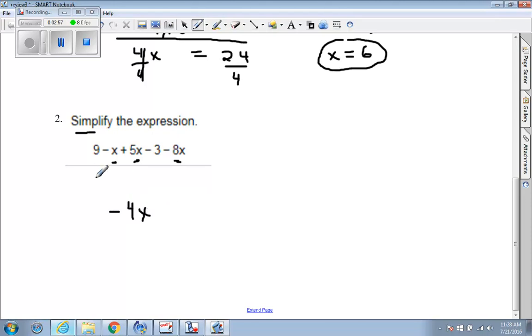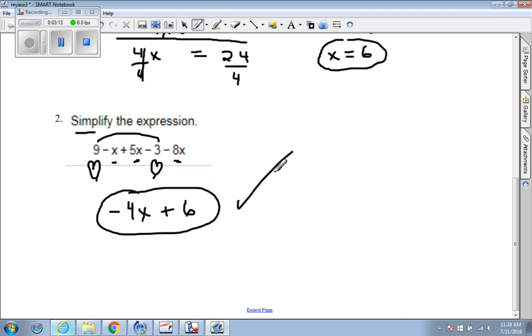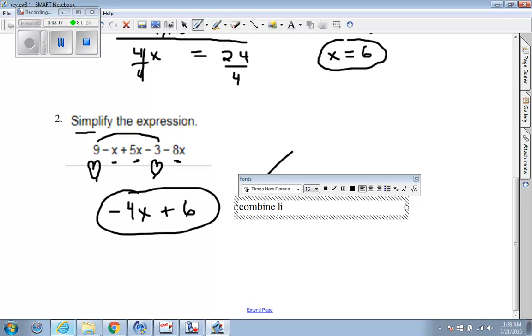And then I'm going to put a heart under the 9 and a heart under the minus 3. Those 2 are like terms. You're just going to combine them in your head. So 9 minus 3 is 6. When you arrive here, that's it. You stop. So note to self, just combine like terms. Okay?